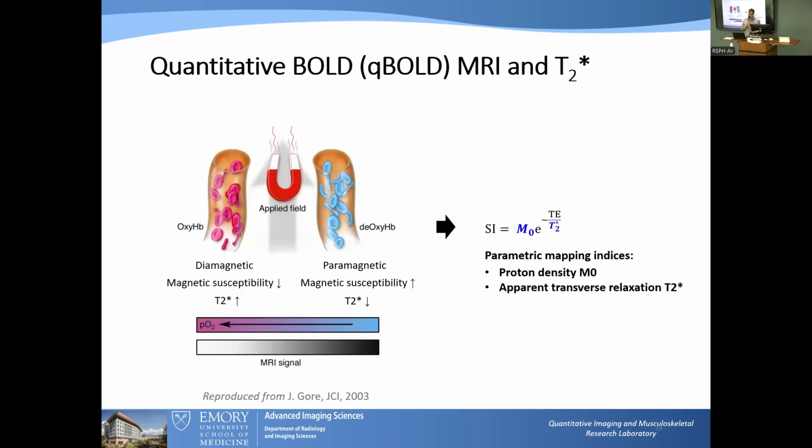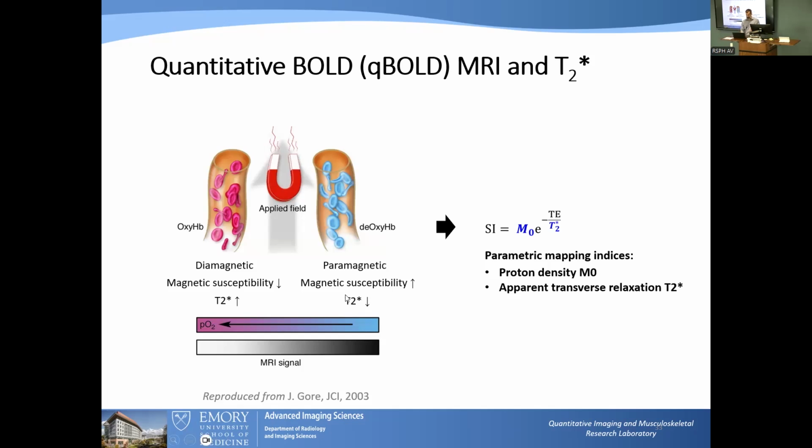This can be done in a quantitative fashion. Those were just sort of what we call weighted images in that previous slide. At the early stages, they were showing this sort of contrast effect, but you can actually quantify this parameter called T2 star, which is really kind of a marker of the change of susceptibility of the blood as it becomes oxygenated and deoxygenated.